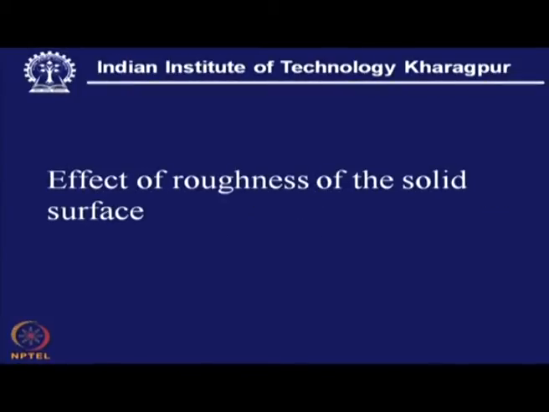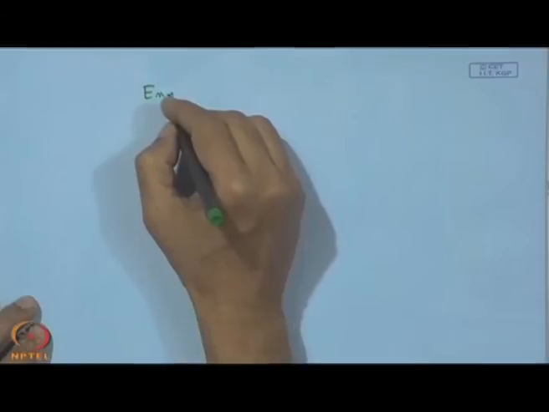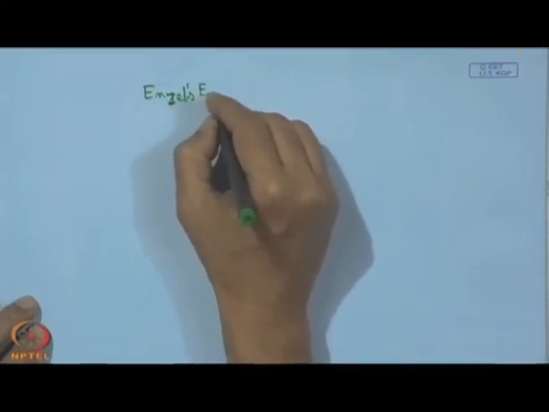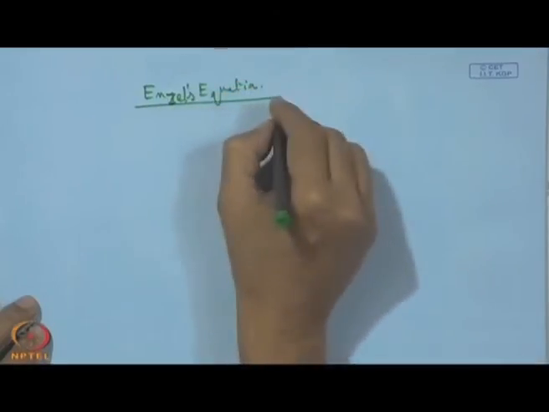Effect of roughness of the solid surface. Now, roughness of the solid surface can also affect wetting characteristics, and this is actually given by Wenzel's equation.